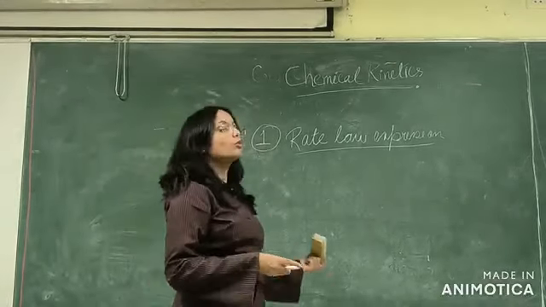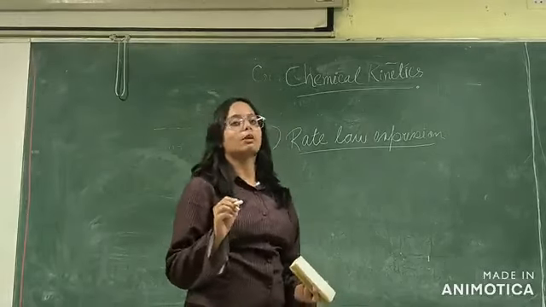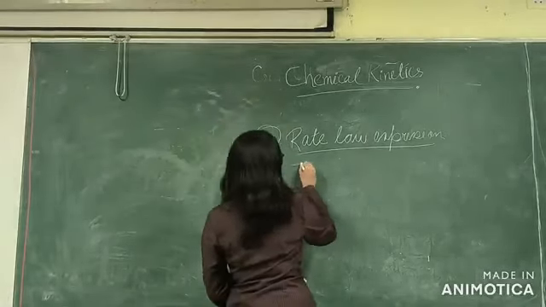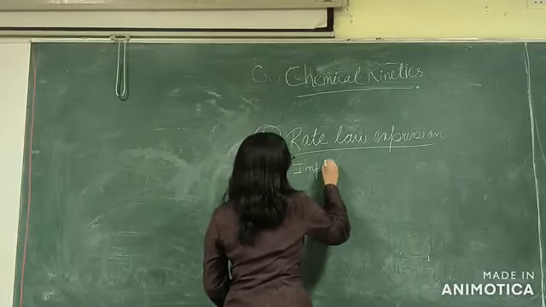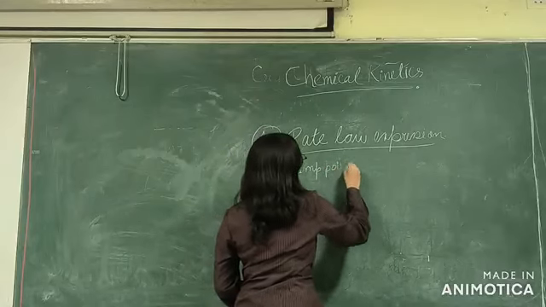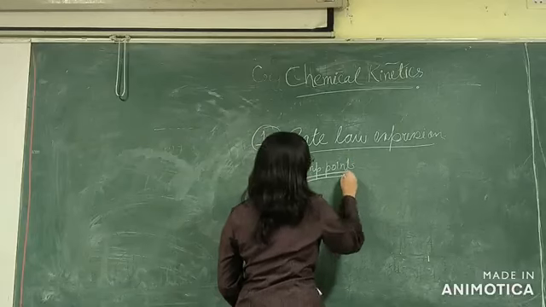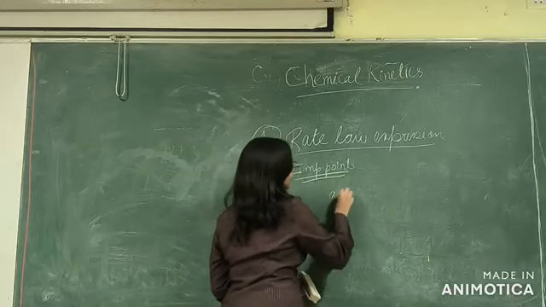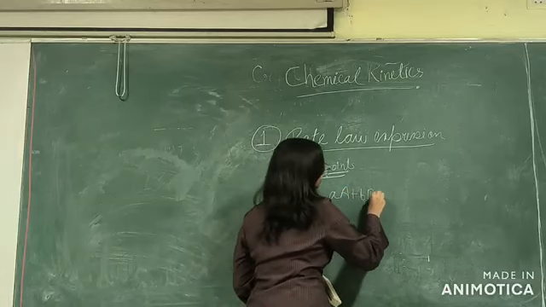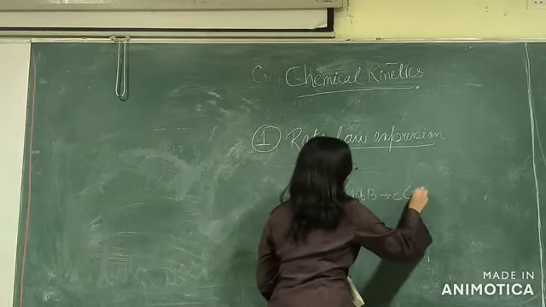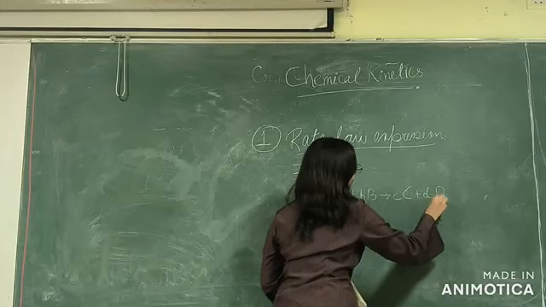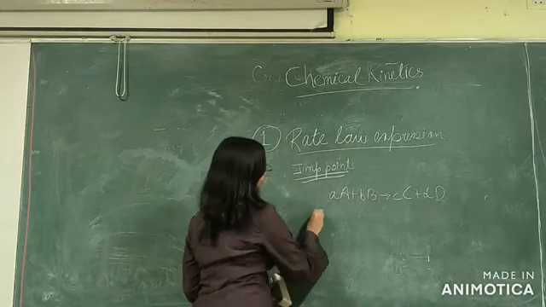Now we will look into some important points which we need to remember for the exam. Some important points. Let us consider first reaction. Now first, how to write the rate law?